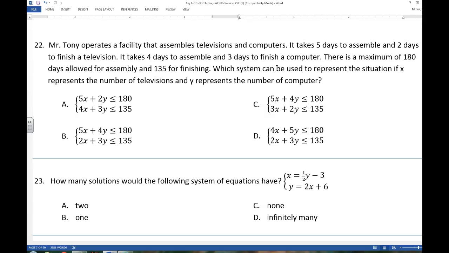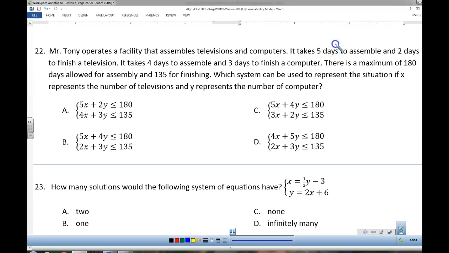Mr. Tony operates a facility that assembles televisions and computers. For a television, it takes 5 days to assemble and 2 days to finish. Now for a computer, it takes 4 days to assemble and 3 days to finish.